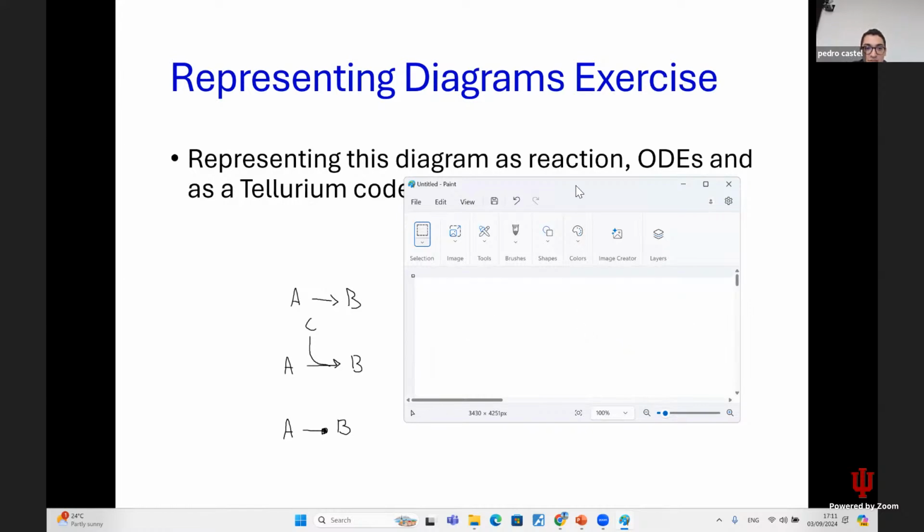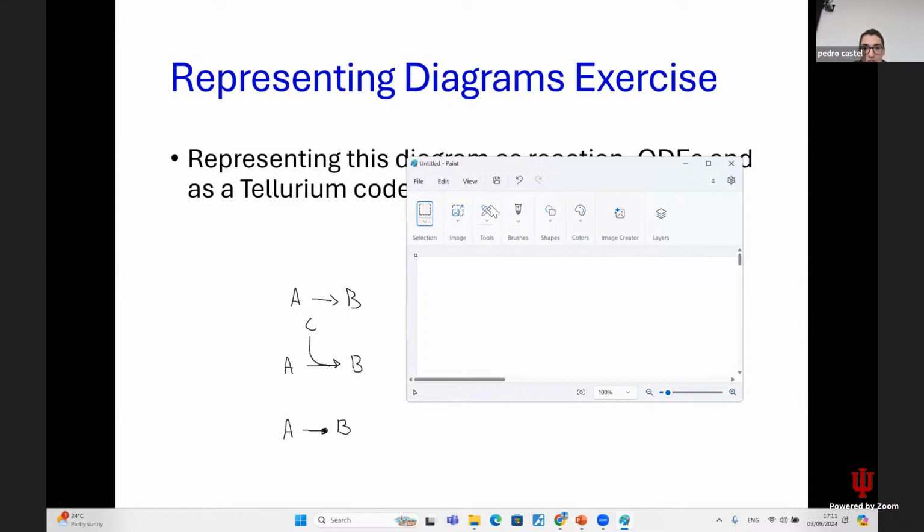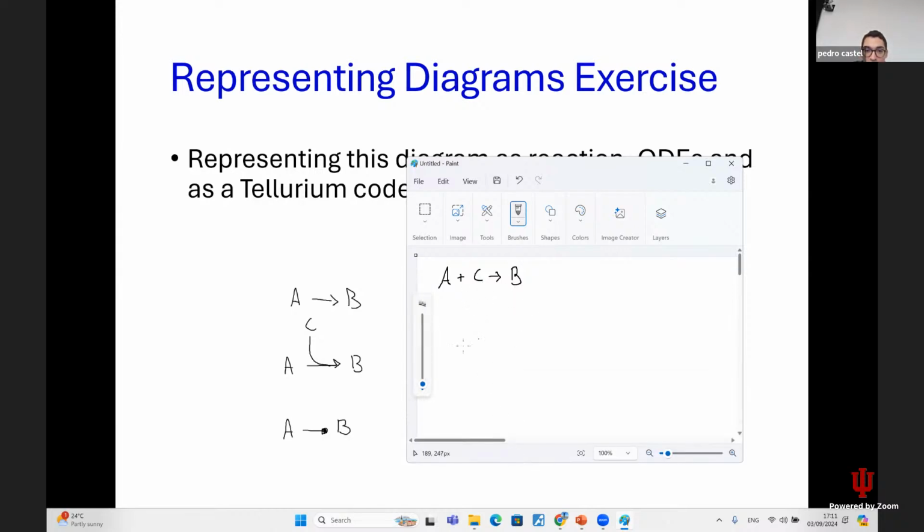I will do the one below. So the one below is A plus C goes to B, right? This one here. And how do I write the ODEs? Now I have, sorry, wrong D. dA/dt is minus, and then I have a K, and it's proportional to A and C because they are reacting to form B. So this is assuming mass action kinetics. What do I have for C?